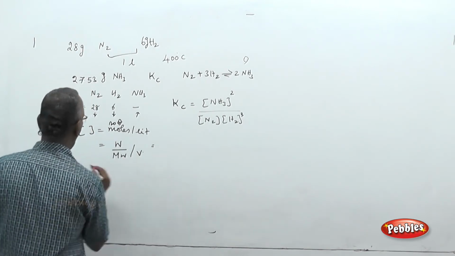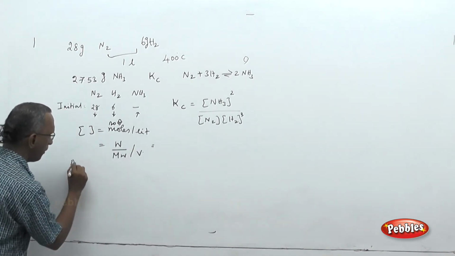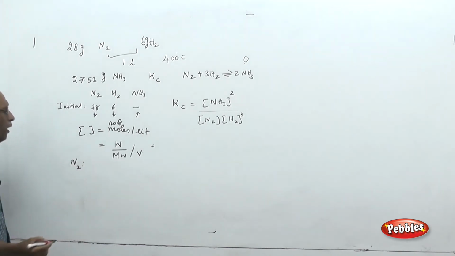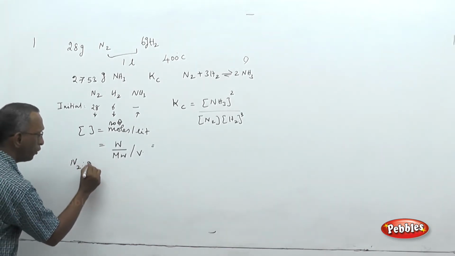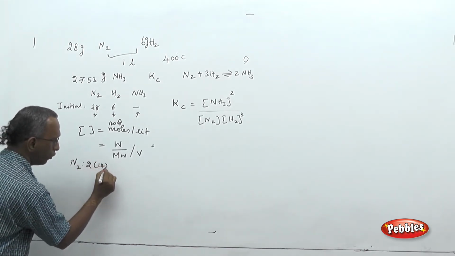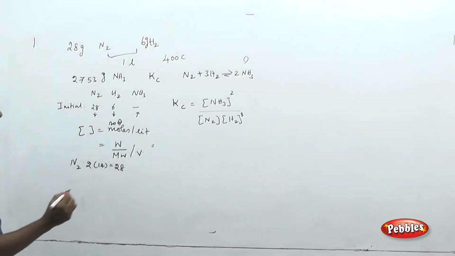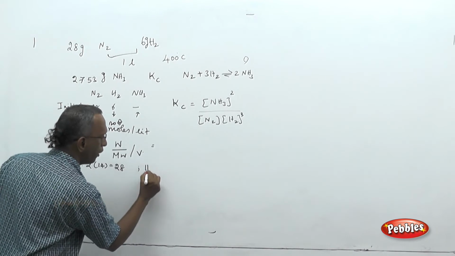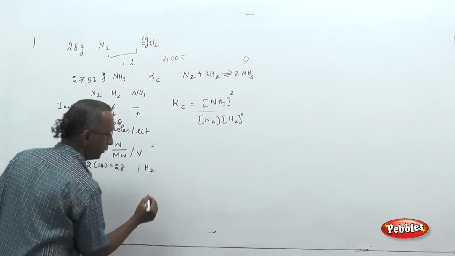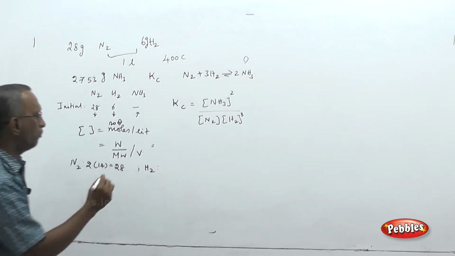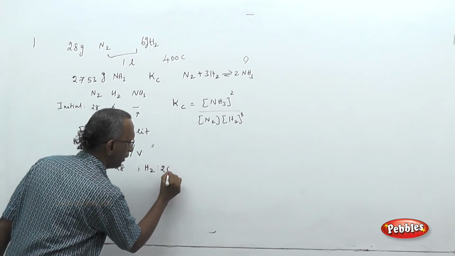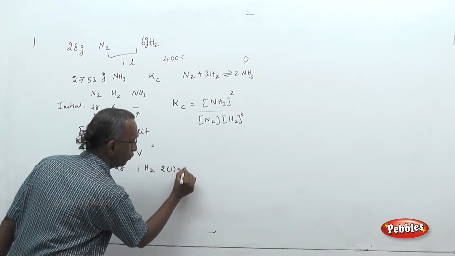For nitrogen, atomic number 7, atomic weight is 14. 1 nitrogen is 14, 2 nitrogens is 14 into 2, so this is the molecular weight of nitrogen. Hydrogen atomic weight is 1 and molecular weight is 2 into 1, that is 2.